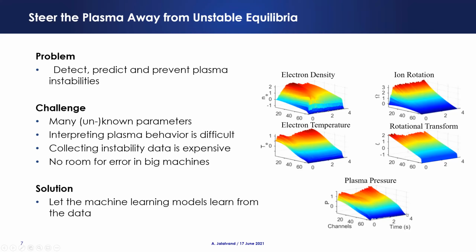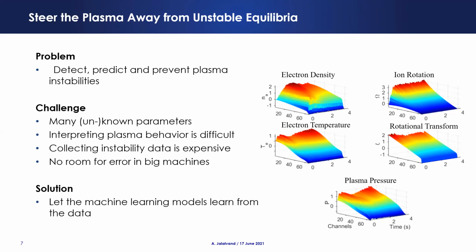So here we have time, and each of these profiles has 65 probes. So we are talking about 5 times 65 probes only for these 5 parameters. We also have some actuators which are controlled by the engineers, and there are many more parameters that we don't take into account in this particular presentation.